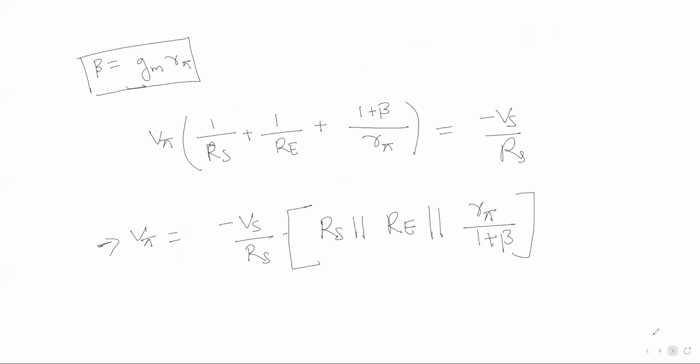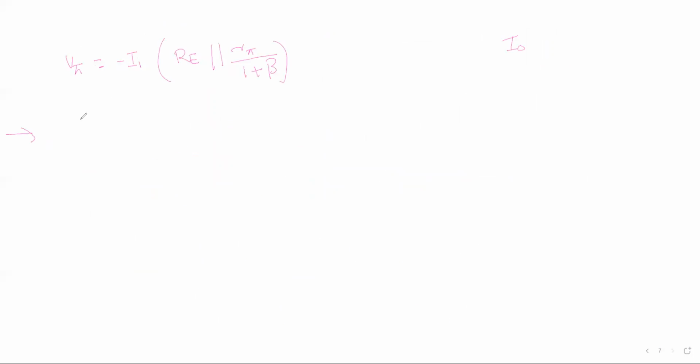So what should be the I naught? I naught should be minus gm V pi, that is your current flowing, and that would be Rc upon Rc plus RL.